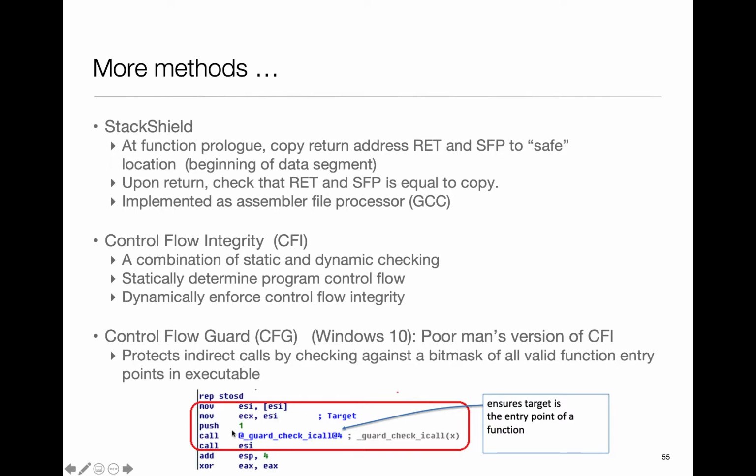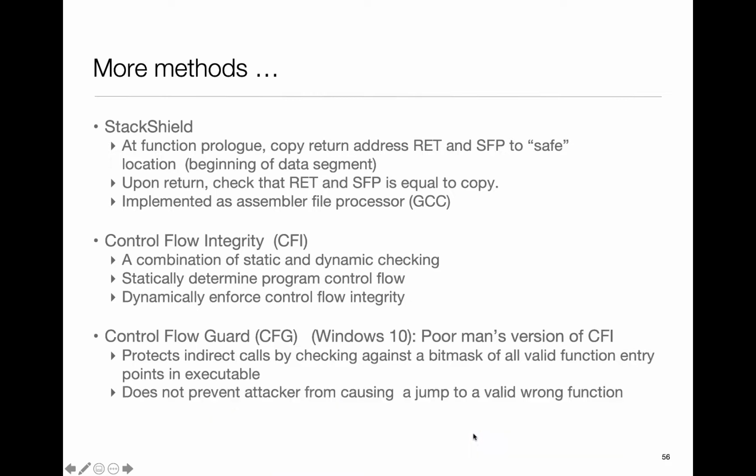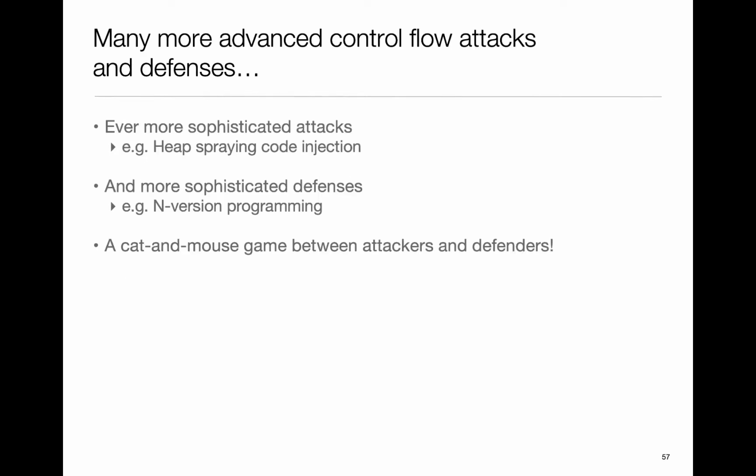So for example, here you would have some guard check to ensure that the target is the entry point of a function, but again, it doesn't prevent an attacker from jumping to some valid wrong function. There are many more advanced control flow attacks and defenses that have come out, and I highly recommend staying on top of the literature at these security conferences.